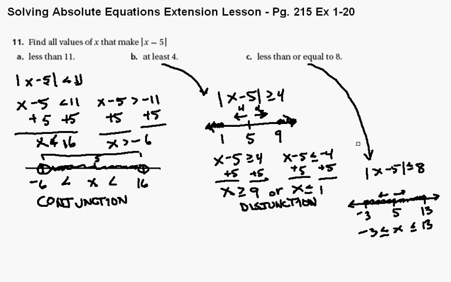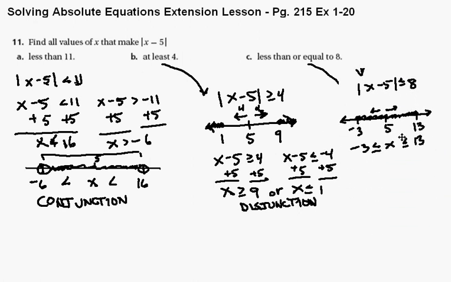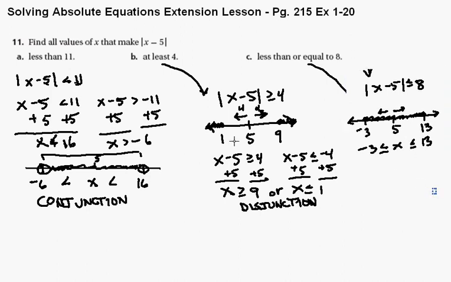Let's go ahead and move this up. We can actually draw underneath it here. Okay, so let's try that and see if that is indeed the case. So I have x minus 5 less than or equal to 8, which, if I add 5 to both sides, I get x less than or equal to 13.